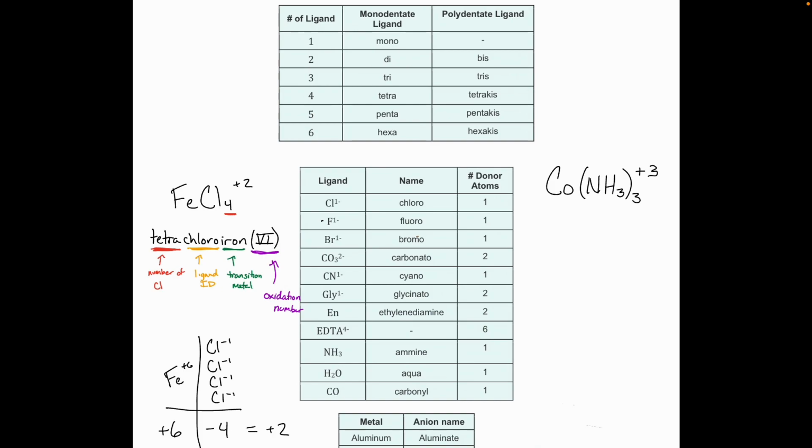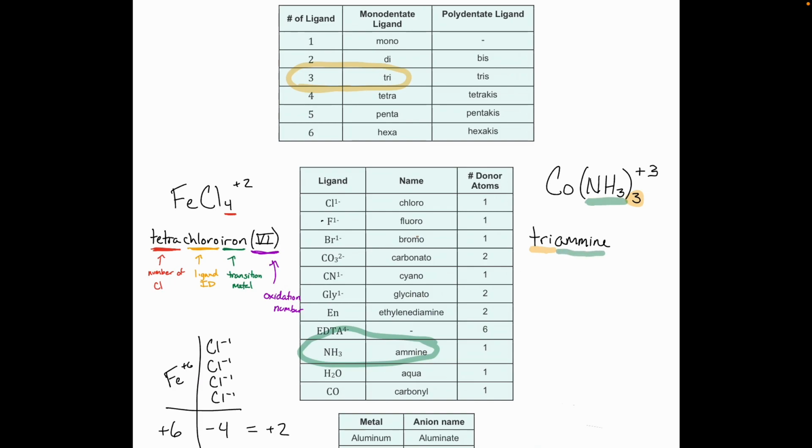All right, so I have 3 of my ligands. So I'm going to refer to 3 ligands with that prefix tri. My ligand ID, this NH3, we call those amines, right? So this is triamine.